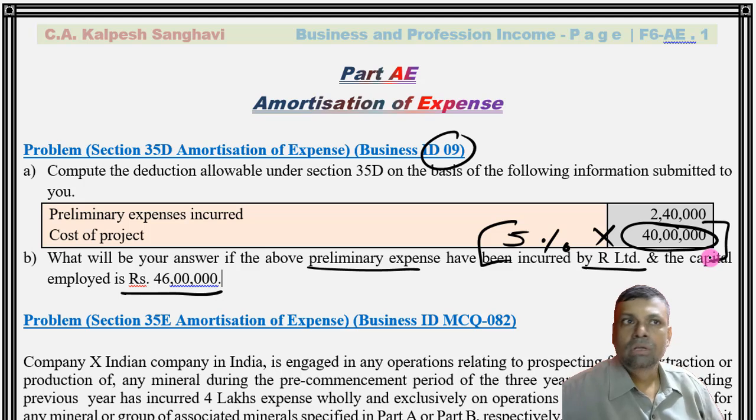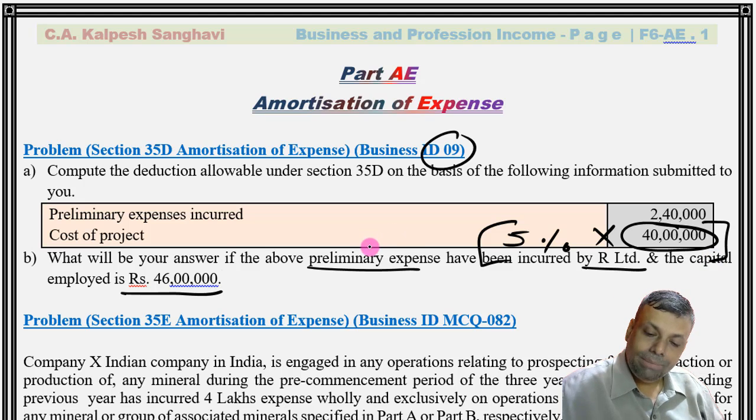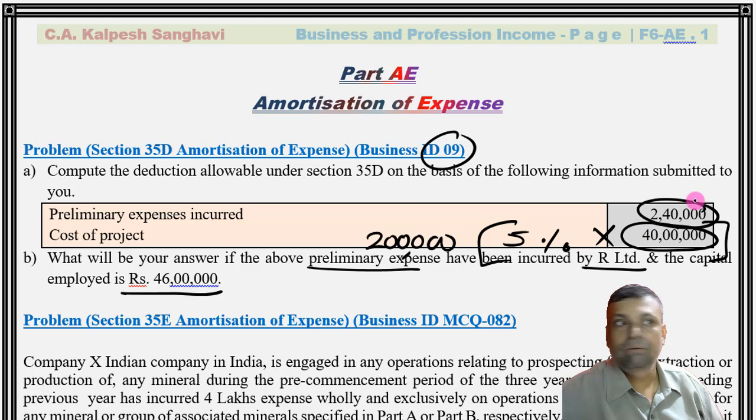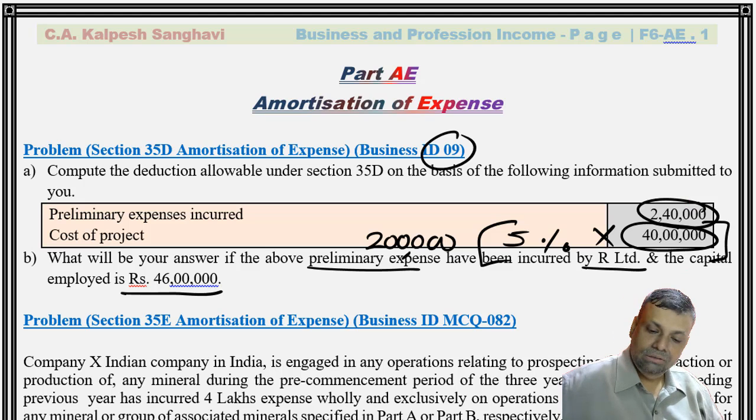That means the excess amount at the moment you have to forget it; for that you will not get any advantage under section 35D. This is your maximum cap, 2 lakhs. And the preliminary expenditure actually incurred is how much? 2,40,000. So it will be restricted to 2 lakh rupees, and 1/5 over a period of 5 years. Finish. The answer is over.